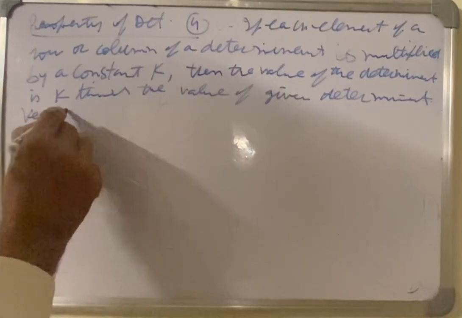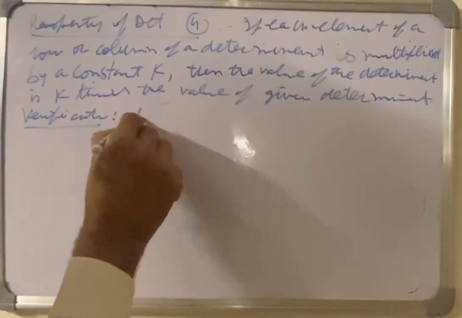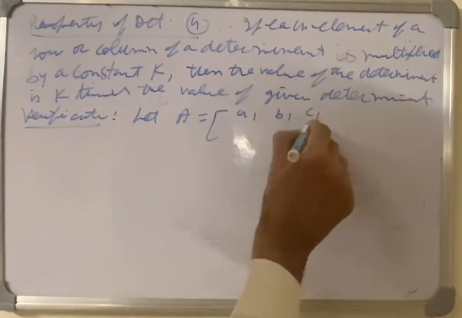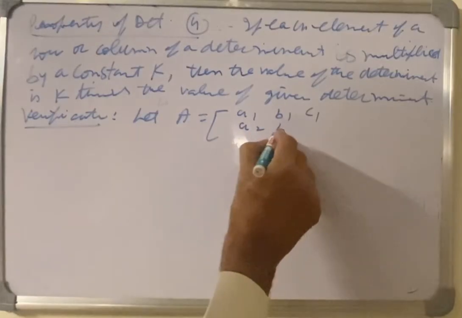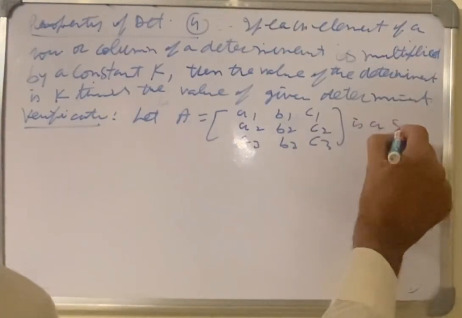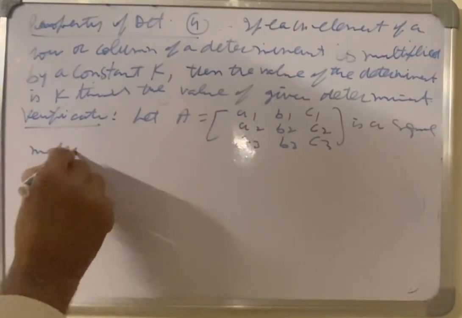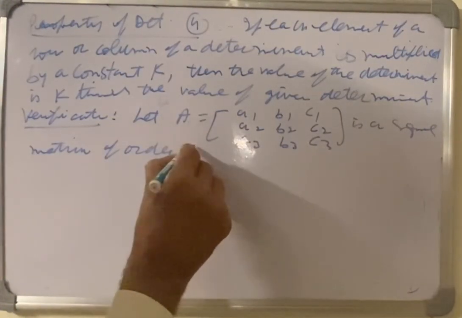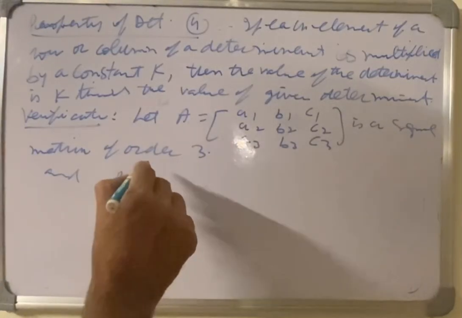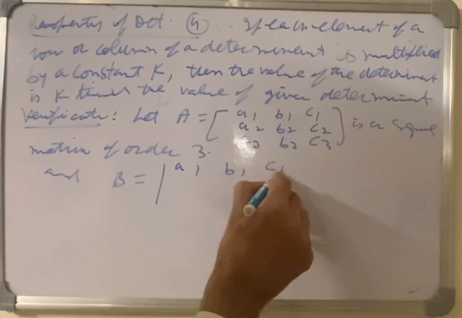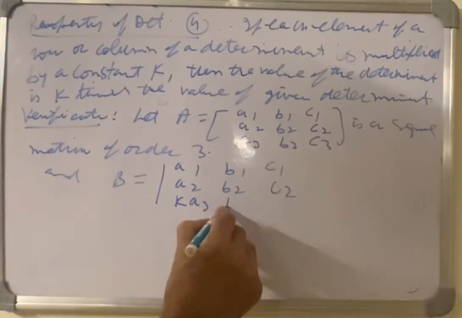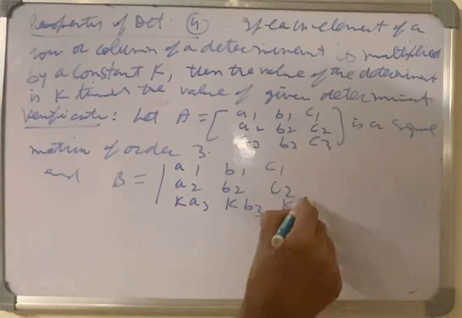So we can verify this. Let A is equal to A1 B1 C1, A2 B2 C2, A3 B3 C3, a square matrix of order 3, and matrix B is equal to A1 B1 C1, A2 B2 C2, K A3, K B3, K C3.